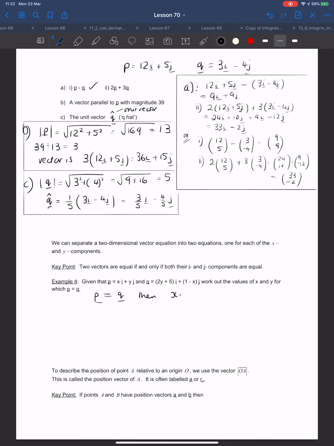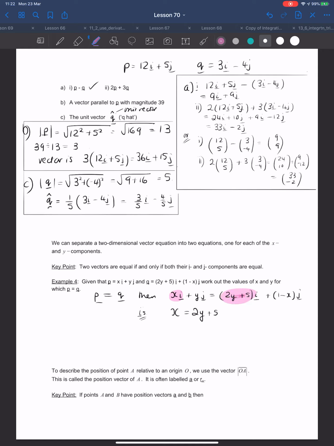then xi plus yj equals (2y plus 5)i plus (1 minus x)j. So if we look at the i's, first of all, we've got x is 2y plus 5. That's come from the i there and the i there.